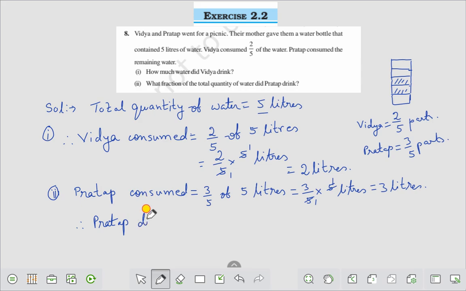Here you see Pratap consumed 3 liters and the total quantity of water is 5 liters. Therefore, Pratap drank 3 by 5 of the total quantity of water.